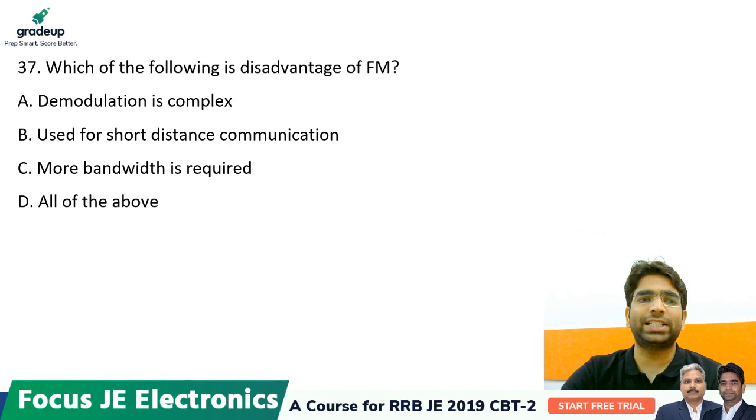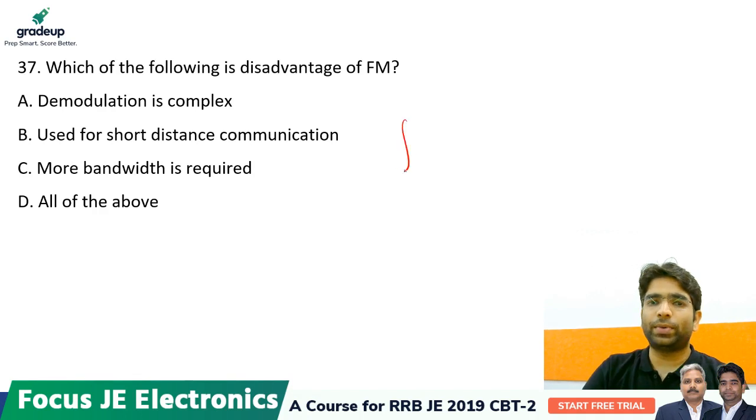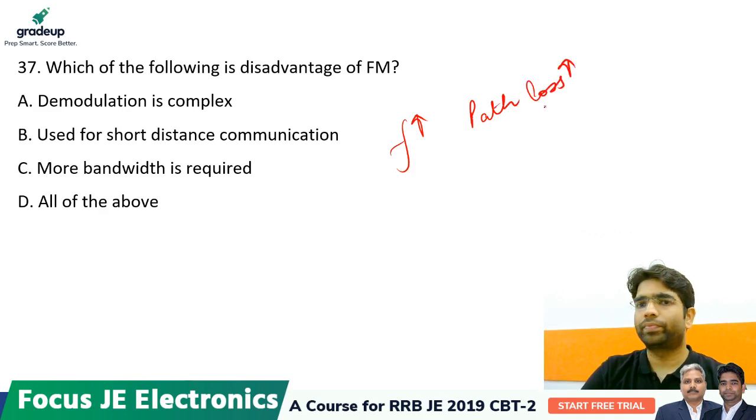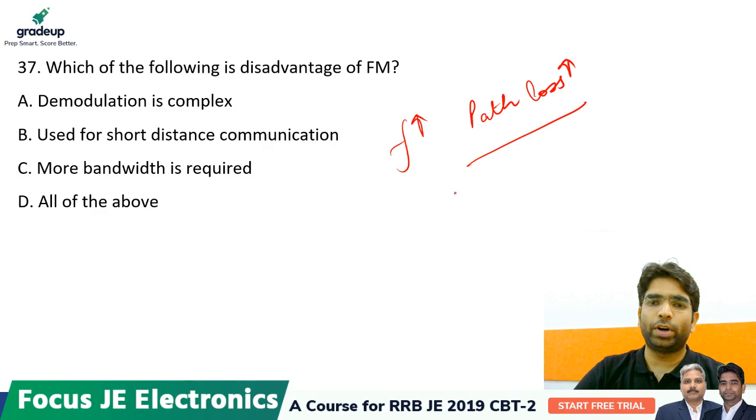Which of the following is a disadvantage of FM? Demodulation of FM is complex in nature. It is used for short distance communication. As the frequency increases, path loss increases. What is path loss?